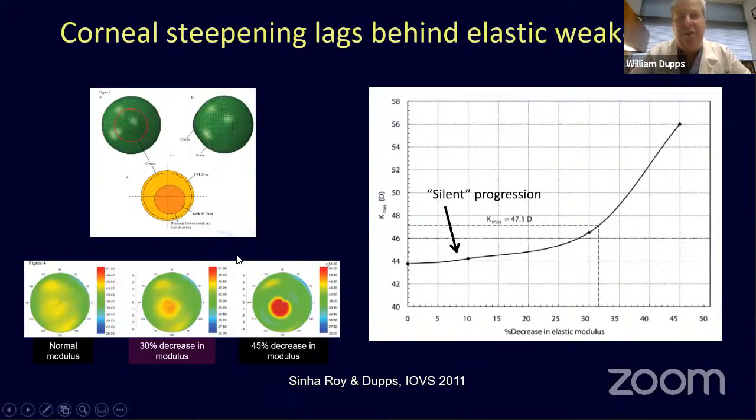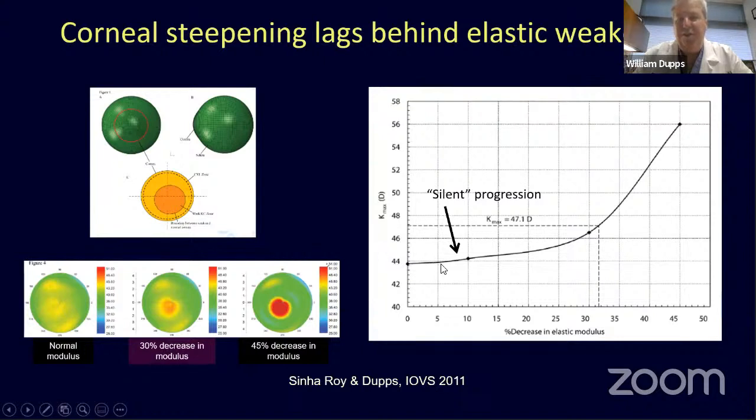If we jump to the keratoconus question, there's a period of disease progression that we may miss with our current diagnostic methods because we're measuring shape changes that result from biomechanical changes. And one way to demonstrate this is with another finite element modeling thought exercise here, where we progressively weakened a portion of the cornea and looked at the morphological changes here on the bottom, from a normal stiffness value to a modest decrease of 30% to 45% just in one zone of the cornea.